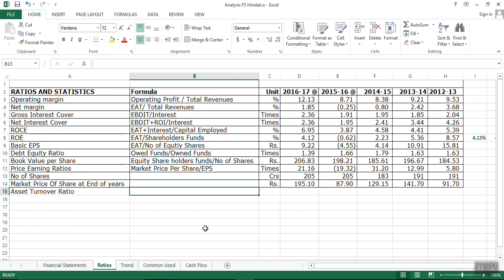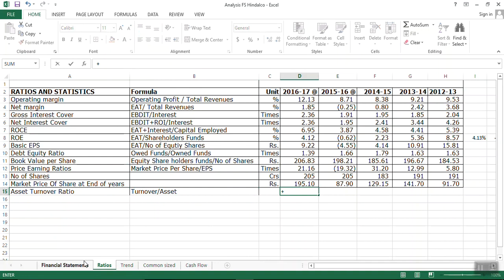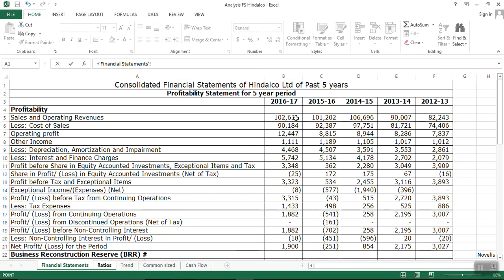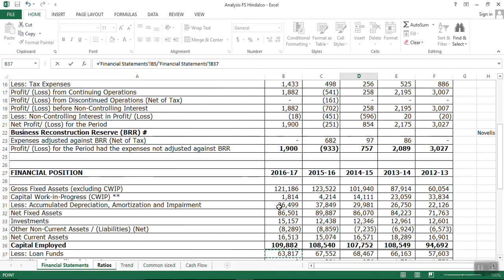So let's try to find out the asset turnover ratio of Hindalco. It would be turnover divided by the asset amount. So the turnover is, let's go to the profitability statement, 102,631 divided by my total assets, which is 109,882, multiplied by 100.